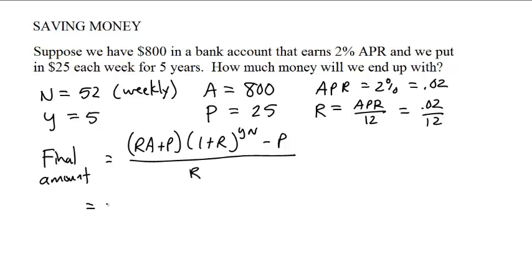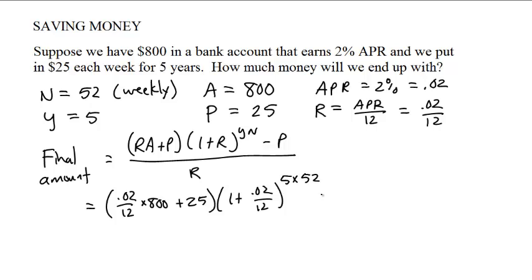So, what do we have? We have RA, which is 0.02 over 12 times 800, plus P, plus 25, times 1 plus 0.02 over 12 to the Y times N, 5 times 52, minus 25, all over R, which is 0.02 over 12.